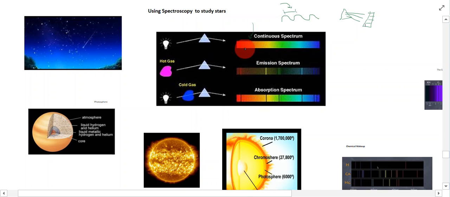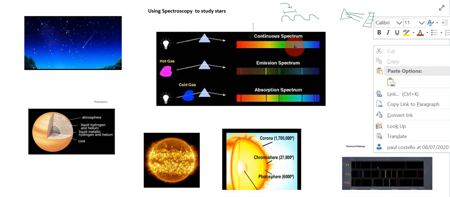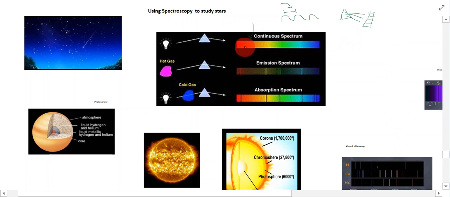There are lots and lots of individual wavelengths of light being represented here on what's known as a continuous spectrum. It's called continuous because it goes all the way from the reds all the way to the blues, and it contains all the wavelengths and colors of light from the visible spectrum.